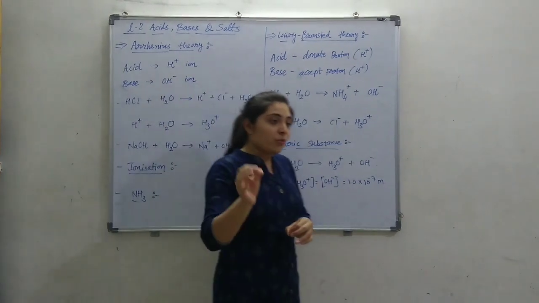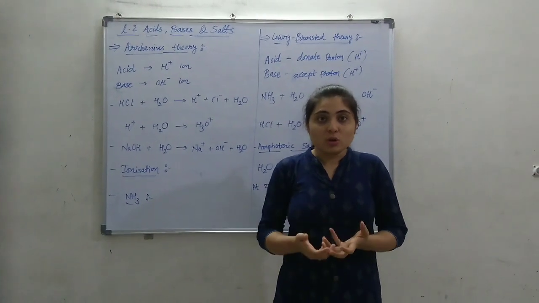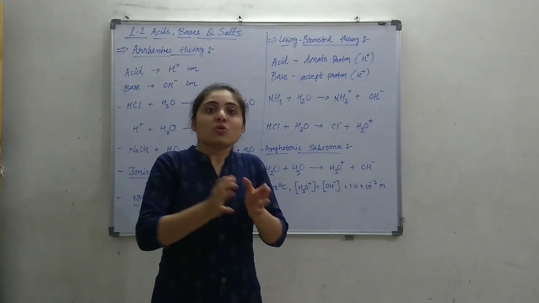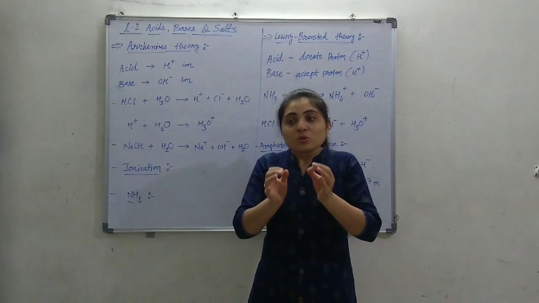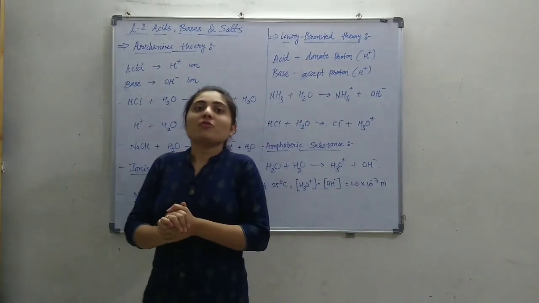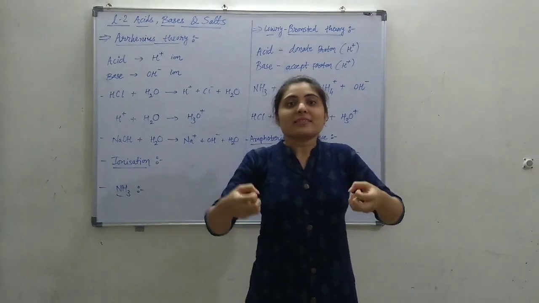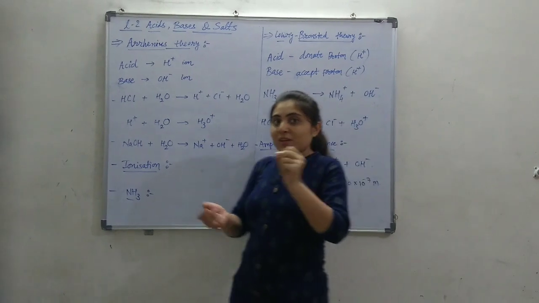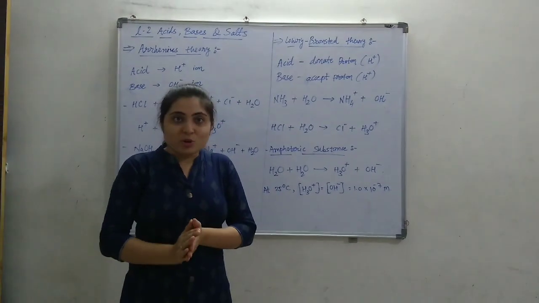So whenever anything is added in the water to make a solution, the water dissociates the positive and negative ions of the substance, right? When these two ions are separated, this process is called the ionization process. So the separation of ions in the substance is the ionization process.